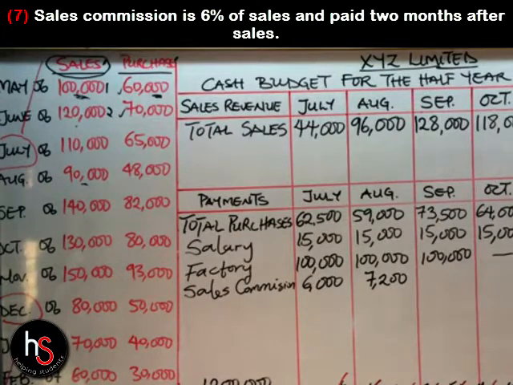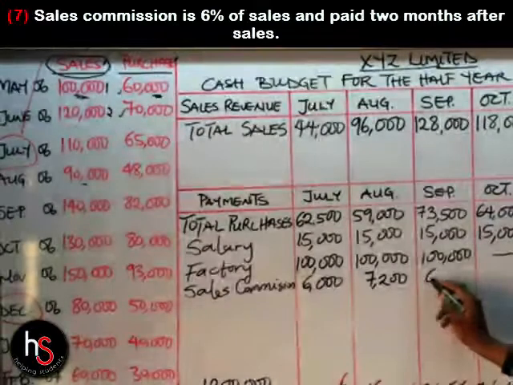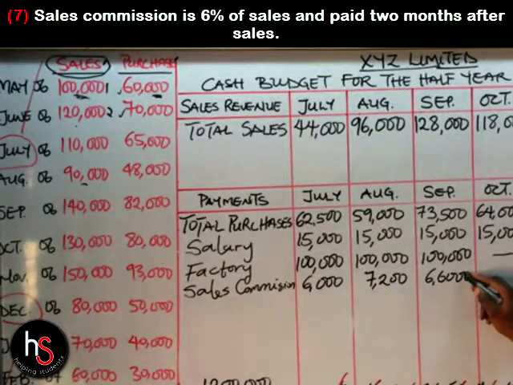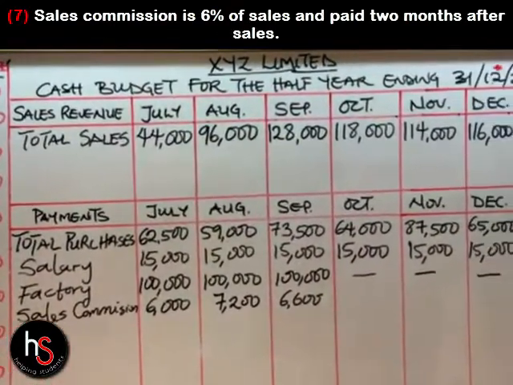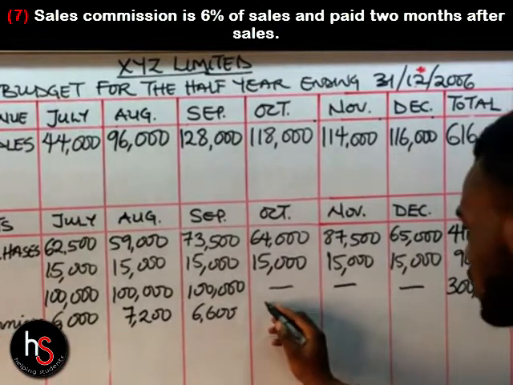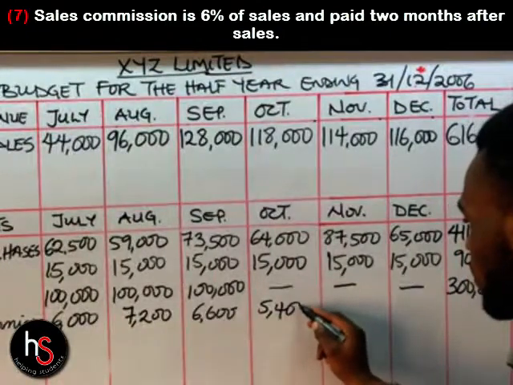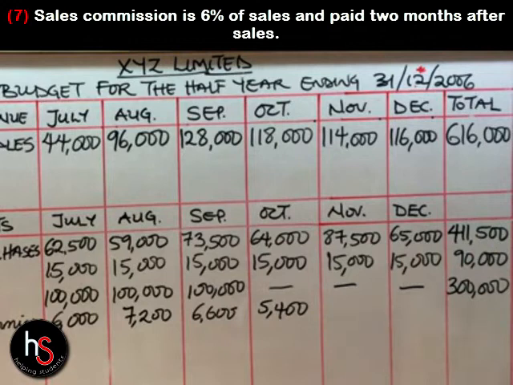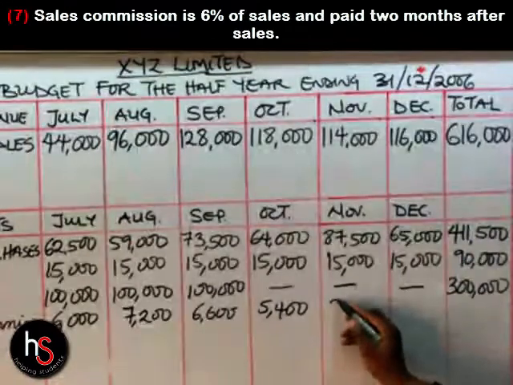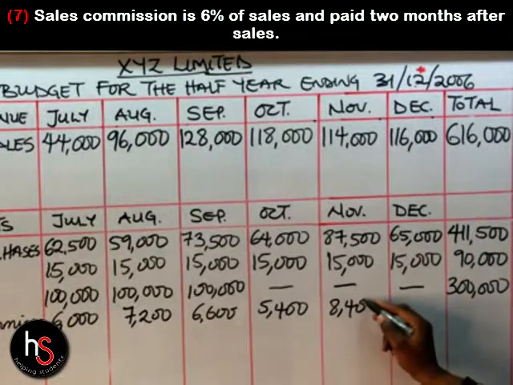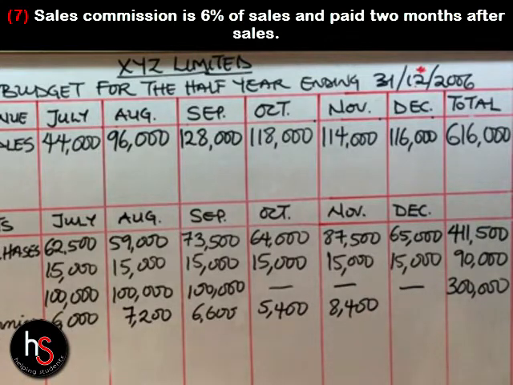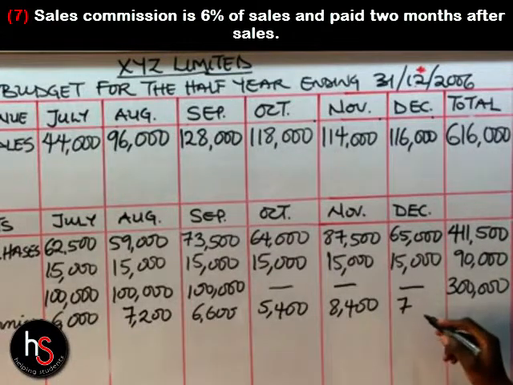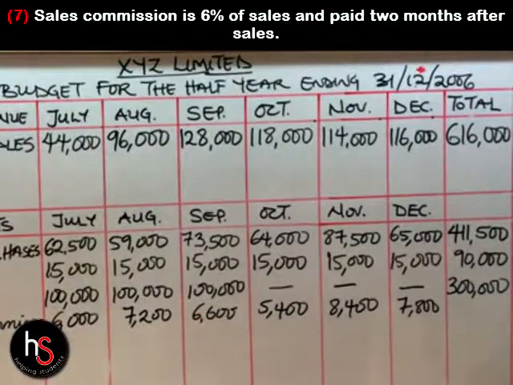And the next month we are going to have 6,600. In October, we are going to have 5,400. In November, we are going to have 8,400. And in December, we are going to have 7,800.